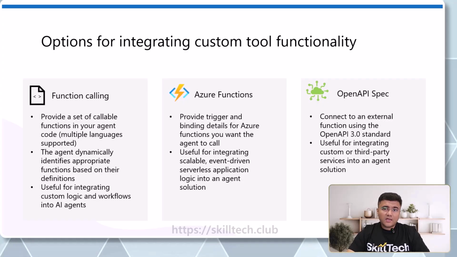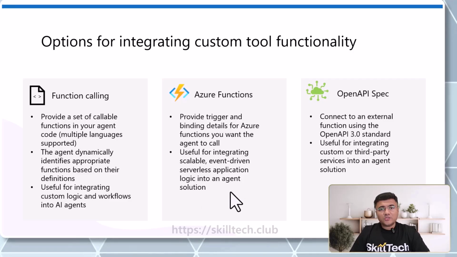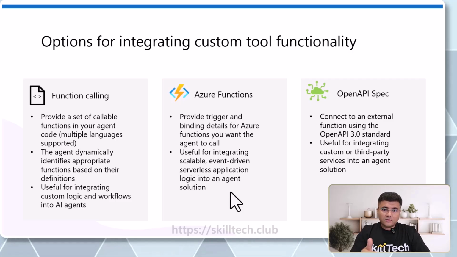We are going to see a lab with an Azure Function and an agent. The advantage you get is that it is useful for integrating scalable, event-driven, serverless application logic into an agent solution. So these are all the advantages of Azure Functions. If you integrate an Azure Function with your agent, you are able to handle serverless, event-driven executions.